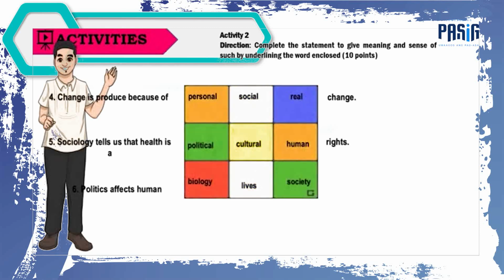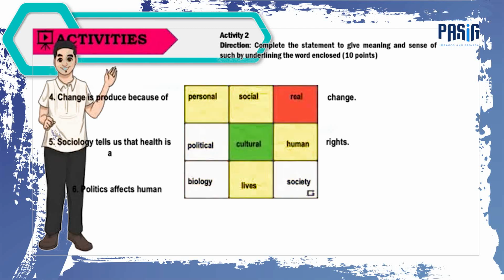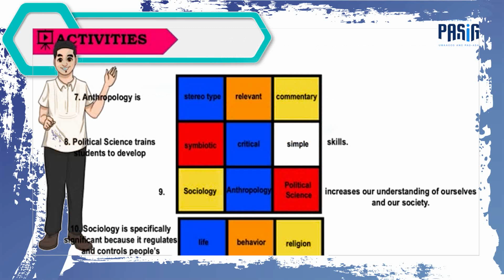5. Sociology tells us that health is blank a right. Number 6. Politics affects human blank. Number 7. Anthropology is blank. Number 8.